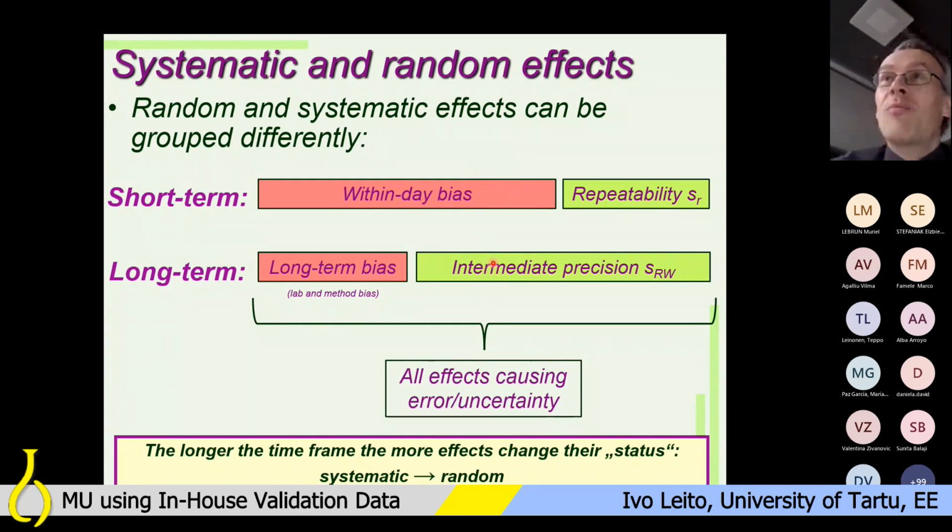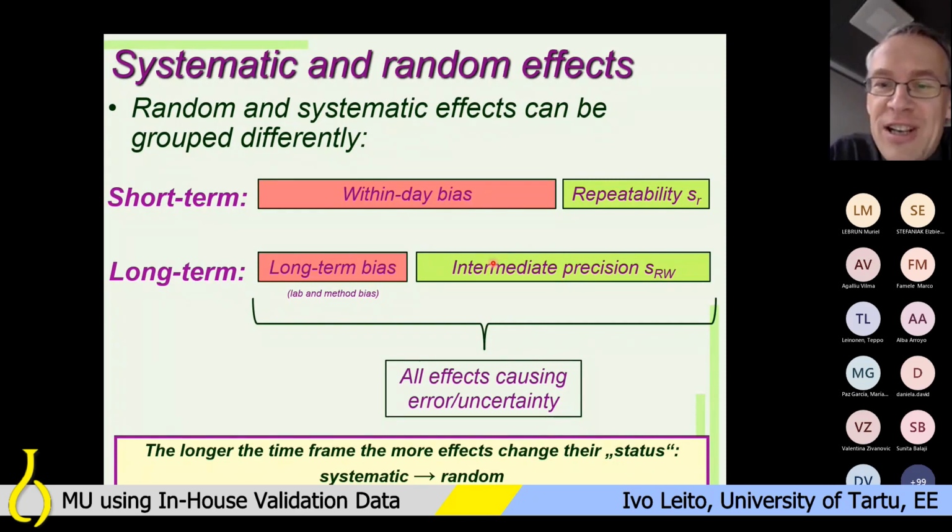But in the long term, sometimes you get this titrant concentration slightly lower, sometimes slightly higher, sometimes slightly lower, sometimes slightly higher, meaning in the long term, it becomes a random effect. And it turns out, if we go to the next slides, that making this distinction is quite useful.